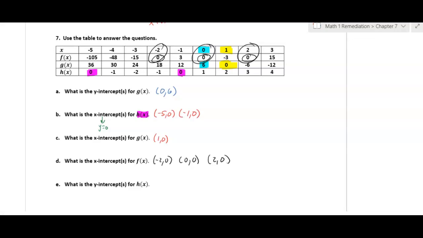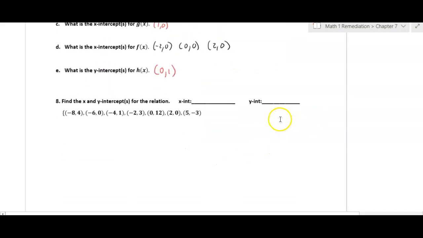And what is the y-intercept of h of x? Well, if I look, the y-intercept always has an x value of 0. So when x is 0, what is the output y for h of x? 1. So 0, 1 would be my y-intercept. And here, find the x-intercept and y-intercept for the relation.